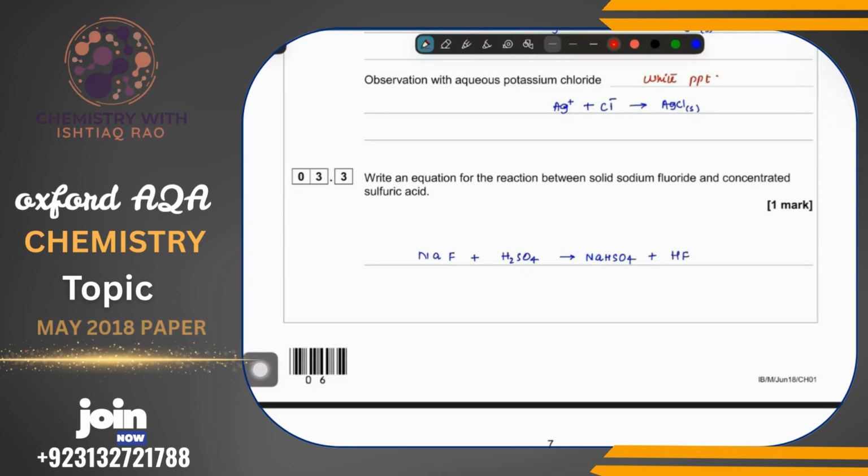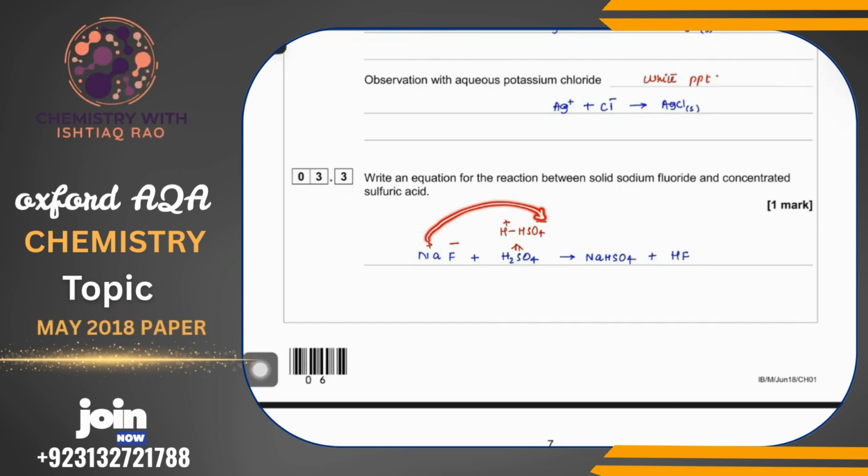What I did in this one, I broke down H2SO4 into H+ and HSO4-, and Na+ and F-. So Na+ combines with HSO4- to give NaHSO4, and the rest of the ions combine together to give you HF.